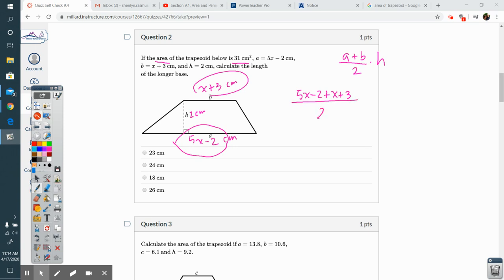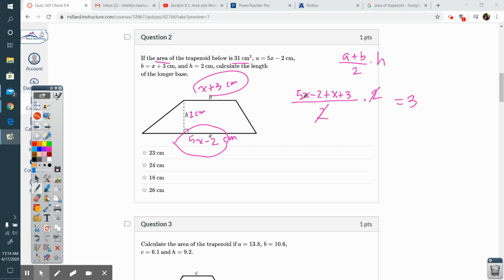All that's divided by 2, and then you multiply it by the height, which is 2. So these 2's actually can cancel each other out. It tells me that that equals 31 centimeters squared. I'm going to leave off the unit of measure, as you see that I did here, just because it'll all cancel each other out, and I'll be left with centimeters here.